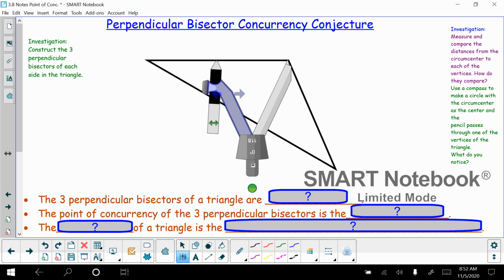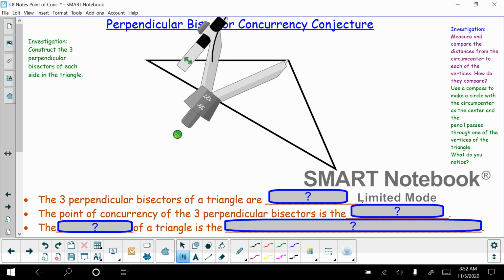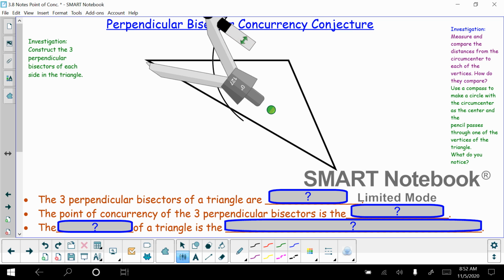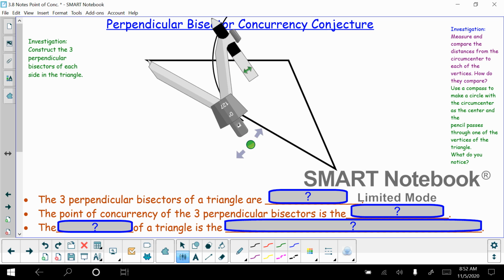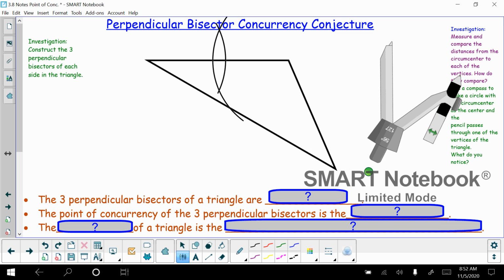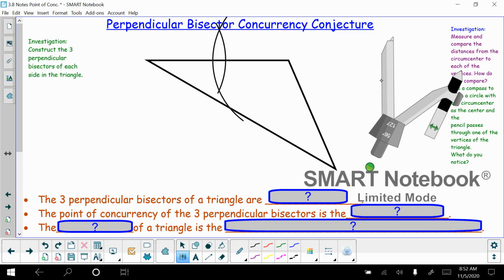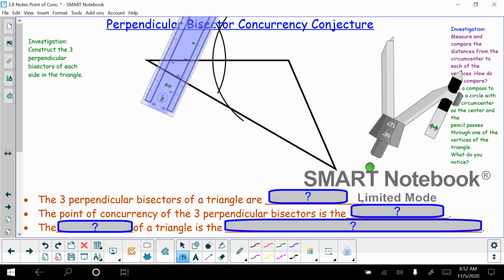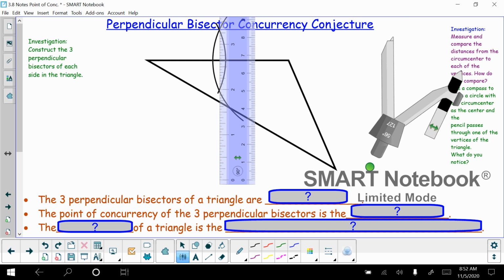Let's go a little bit more, because remember, to do the perpendicular bisector, you have to go more than halfway, right? There we go, I got it. Then we'll do the perpendicular bisector by getting our ruler or straight edge, whatever you're using, and you're going to draw a line going perfectly through like that.